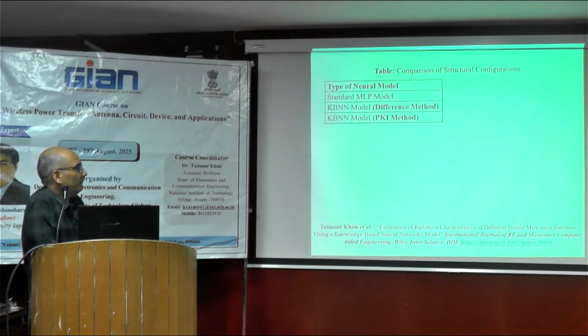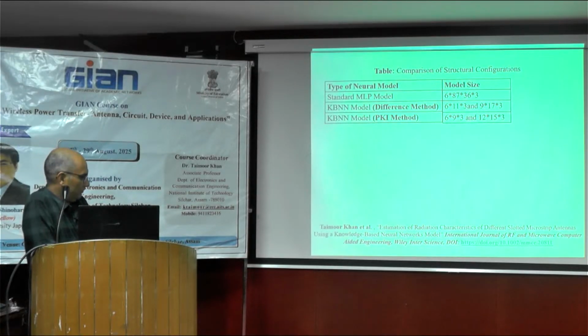Now how is the performance? For the standard MLP model, the structure was 6 into 87 into 36 into 3. Now there are 2 models requiring fewer resources. This one is the coarse model because it has fewer neurons in the hidden layer. This one has more neurons in the hidden layer; that is the fine model. Then KBNN, prior knowledge input.